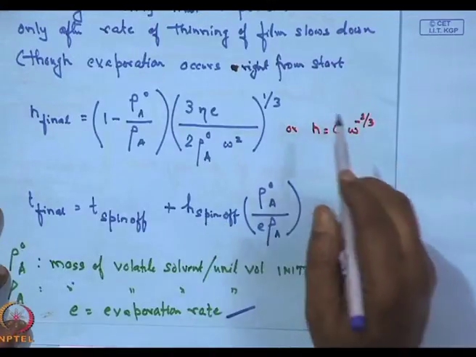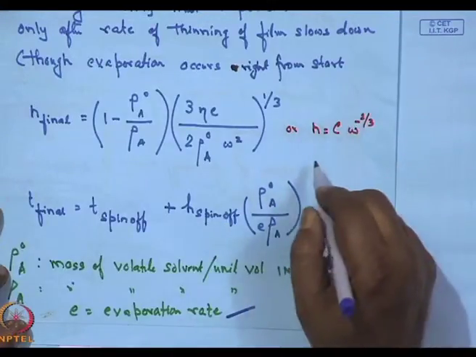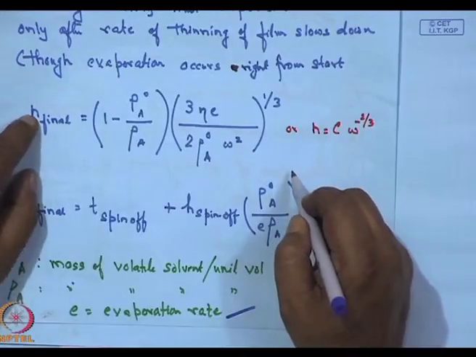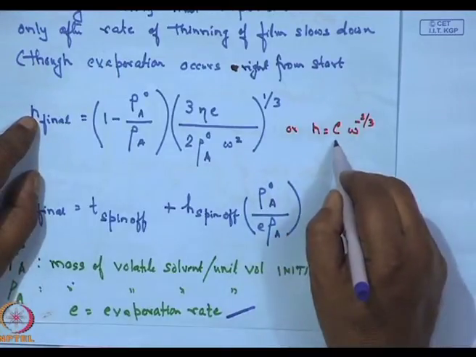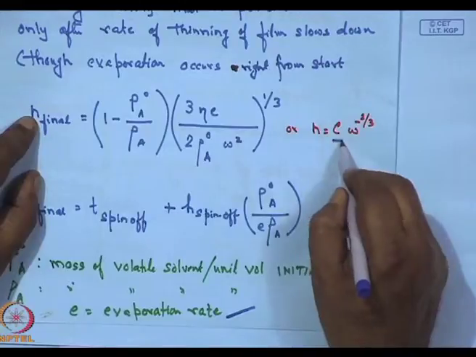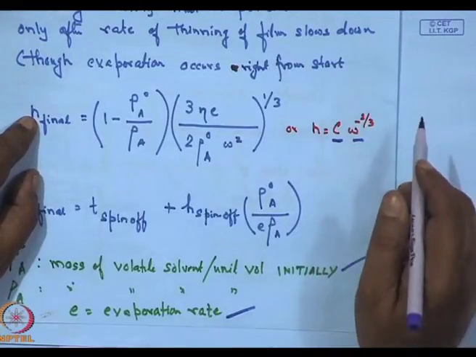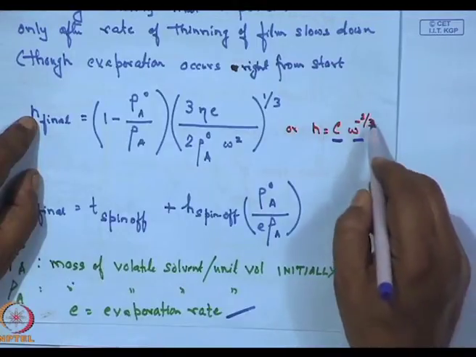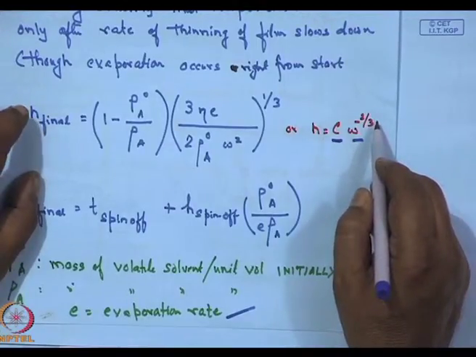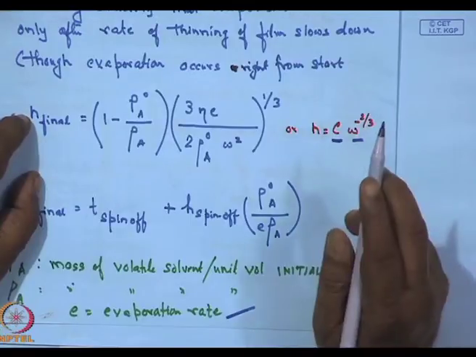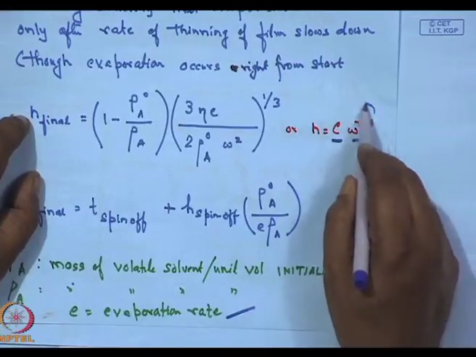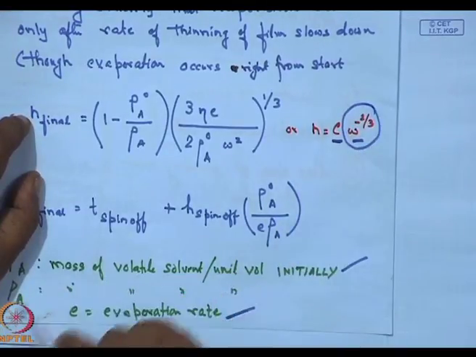And hence, H is really a factor of C and omega to the power of minus 2 by 3. So, this H final is really dependent only on this factor, that is the withdrawal rate.